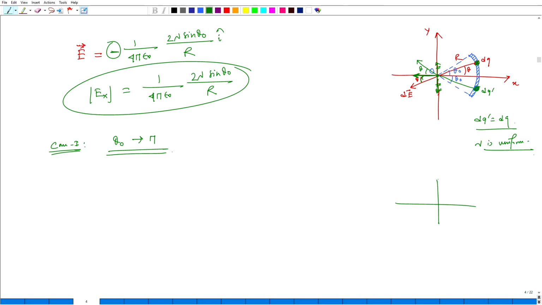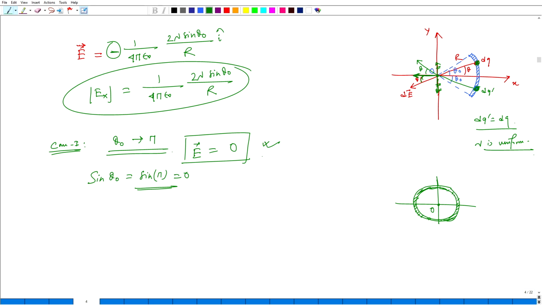Basically the strip becomes a full circle, and you calculate the electric field at the center of a circle, at O. So we put sin theta naught equals sin pi, which is 0. That means the electric field becomes 0.